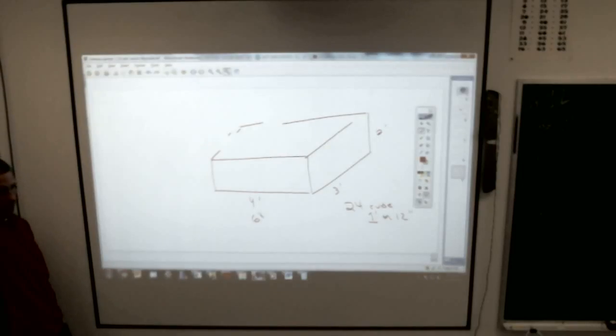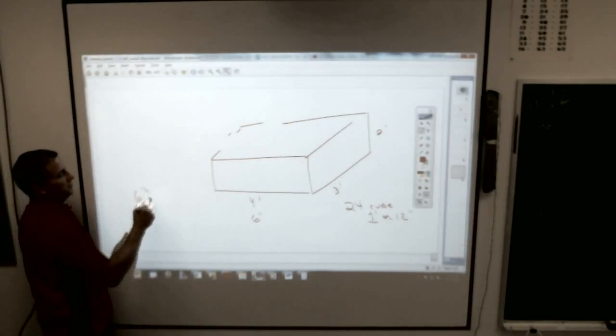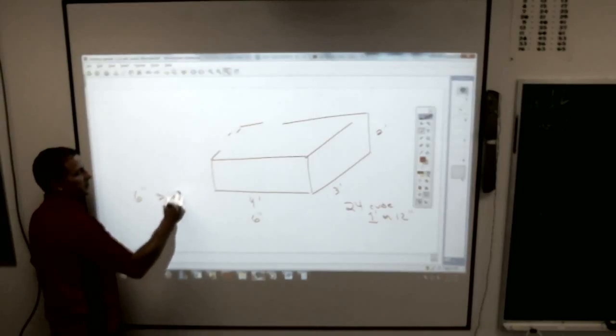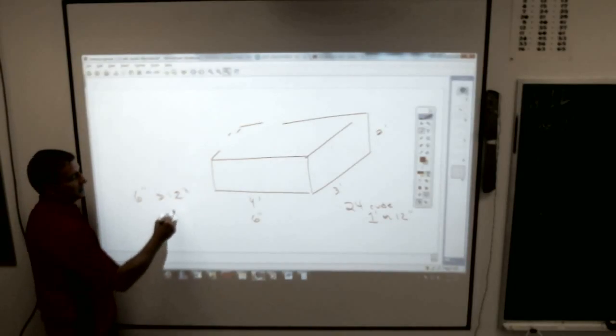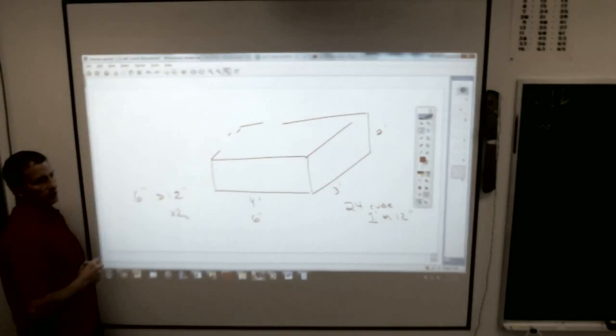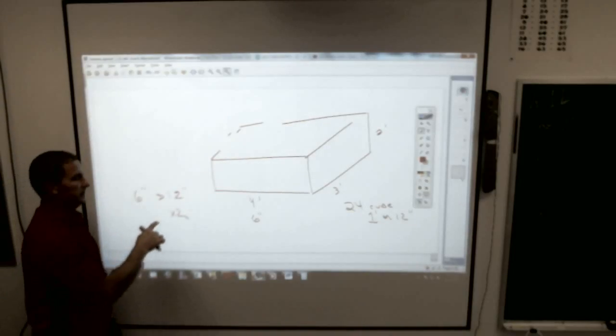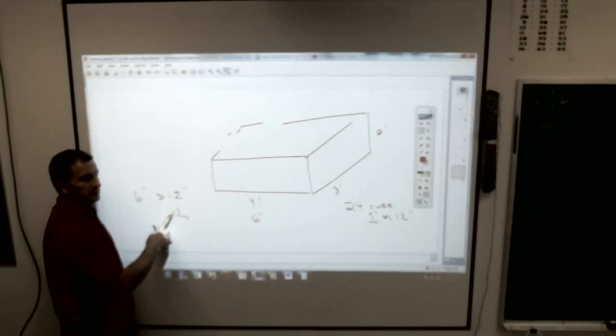What is your scale factor if you go from 6 inches to a foot? 6 inches to 12 inches is what? Huh? Scale factor of times 2. You are talking about surface area or volume in this one?